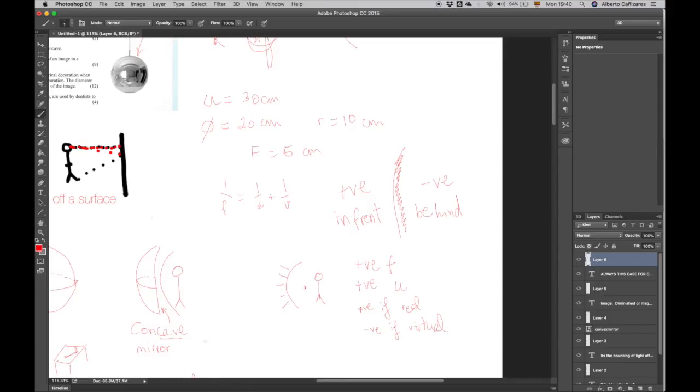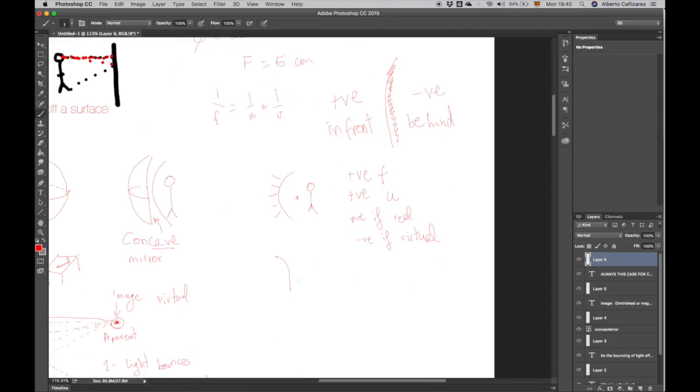Now on a convex mirror, you will see that the focal point is actually behind the mirror, right? Because it's behind the mirror, it's always going to be negative. So it's going to be a negative focal length.